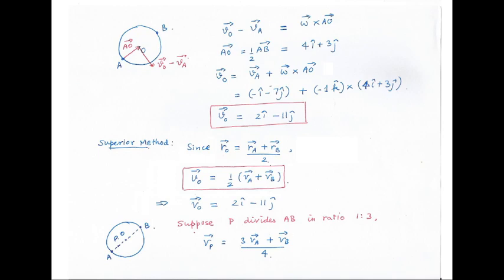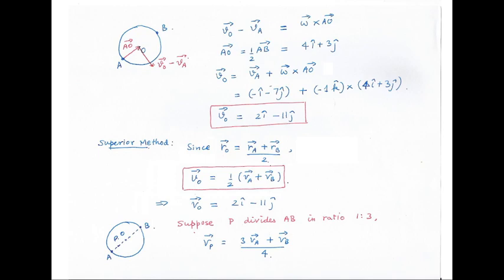But we are sure that the time derivative of that position vector will be the velocity, regardless of the choice of origin. So if I take the time derivative, I'm sure to get this relation that the velocity of O will also be an average of the velocities of A and B. So I get a quick answer.